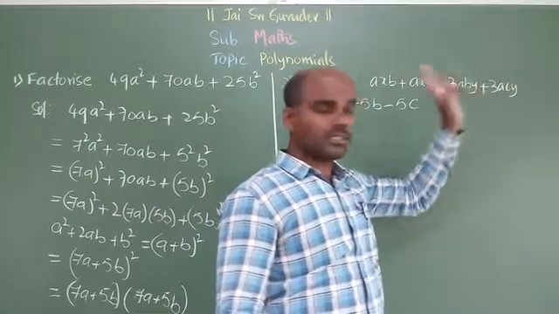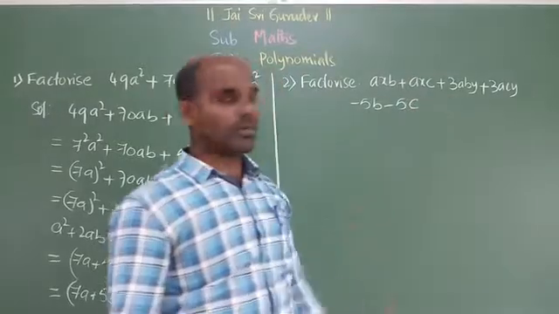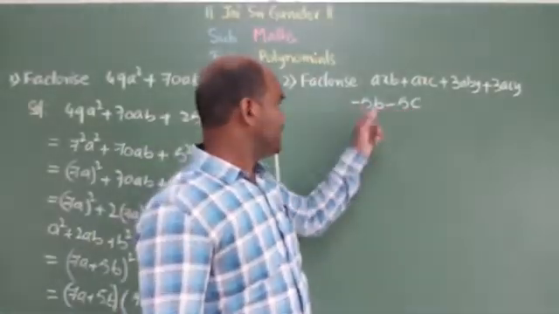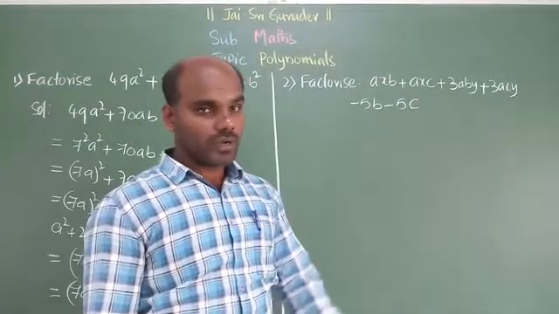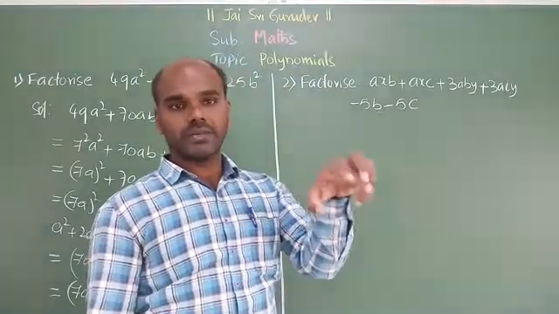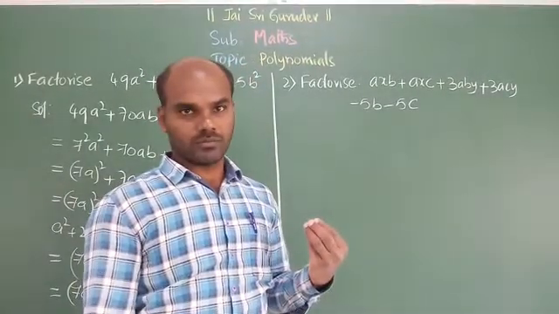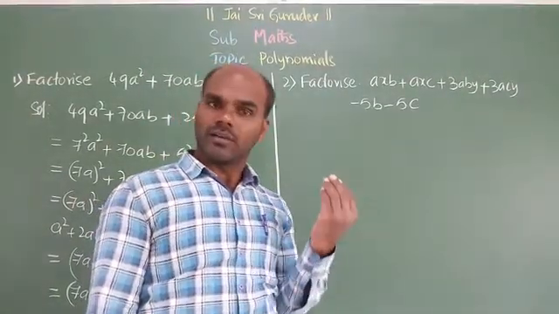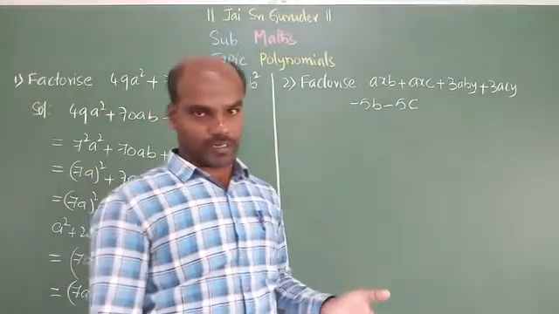In these two terms, minus 5 is common. Yes or no, children? While comparing the terms, the common terms you first take outside, and the remaining terms you write in the bracket.